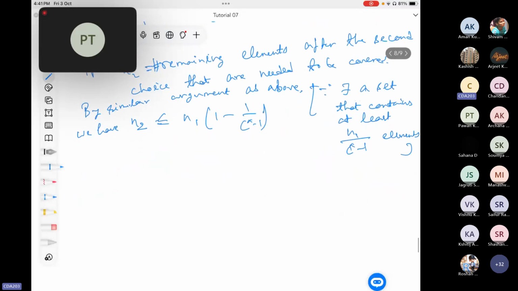So you obtain n1 times (1 minus 1 by C star minus 1). Okay, so we obtain this.